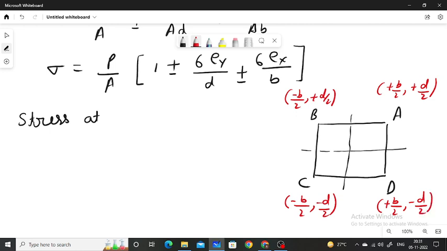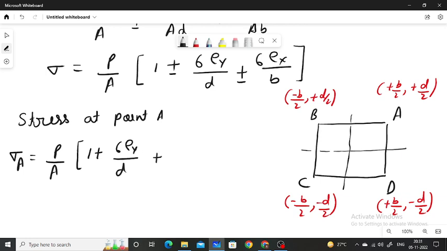Okay. Now stress at point A. In that case, stress at the point A will be P by A 1 plus 6 EY upon D plus 6 EX upon B. Okay.